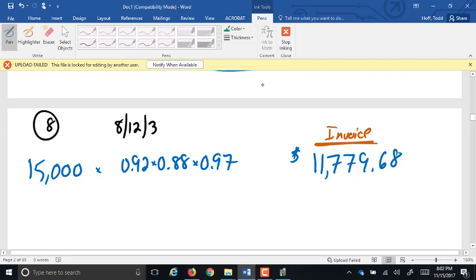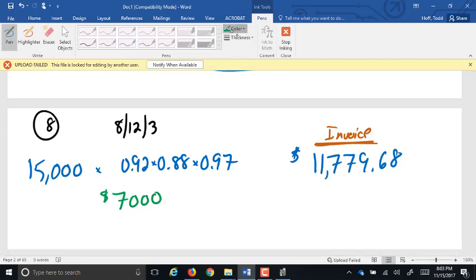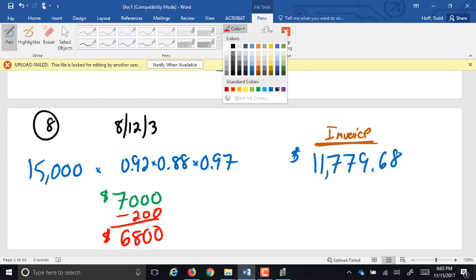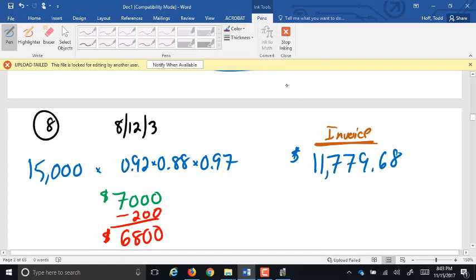There's a payment of $7,000 made. What's the first thing that comes out of the payment? $200 in freight. So $6,800 is what gets applied to the invoice. They get a discount of 1%, right?